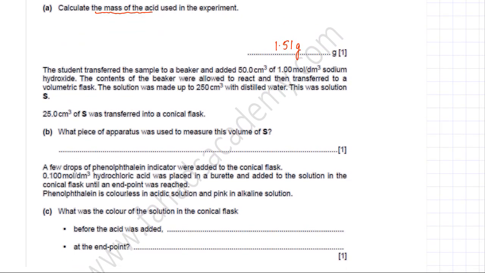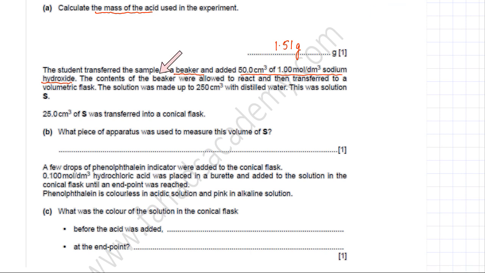Moving to the next part, the question reads that the student then transferred the sample to a beaker and added 50 cm³ of 1 mole per decimeter cube sodium hydroxide.